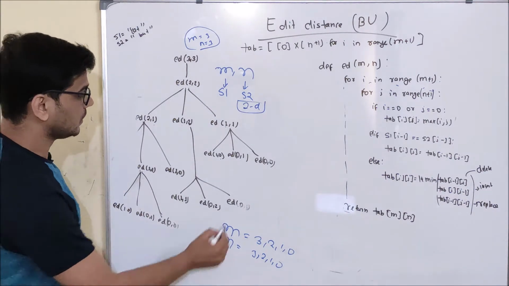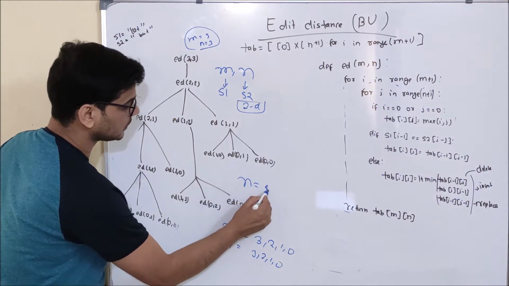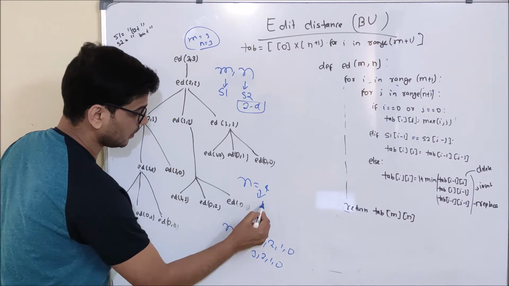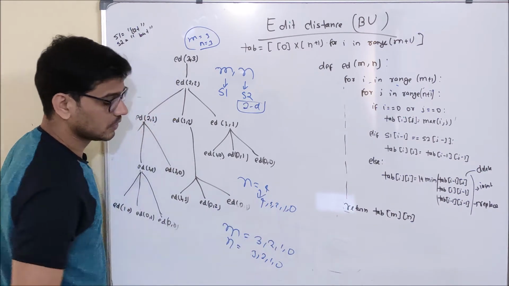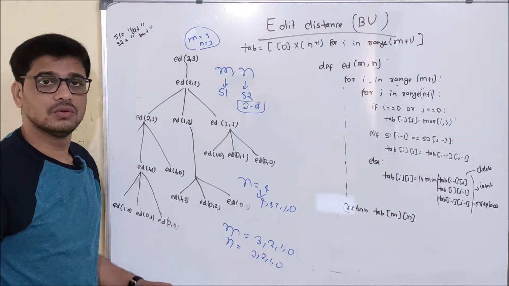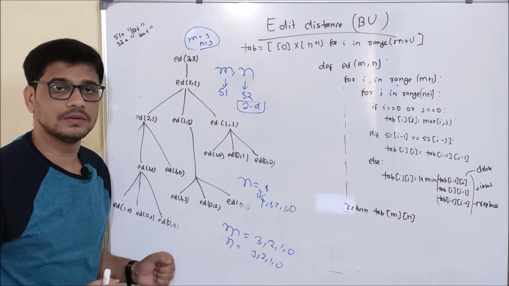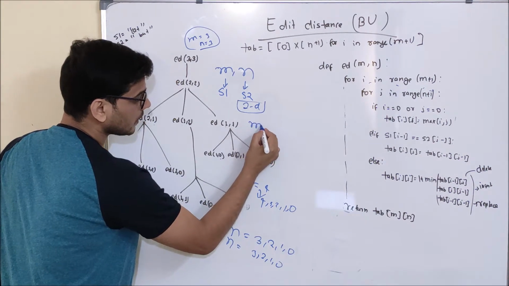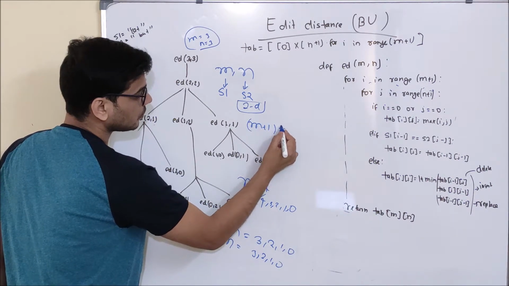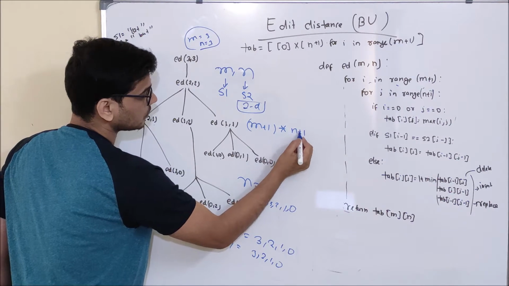And suppose n would have been 4, then n would have taken 4, 3, 2, 1 and 0, 5 distinct values. So what can we conclude from here? That the size will be m plus 1 cross n plus 1.